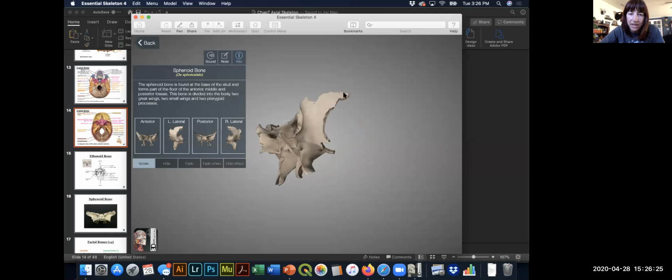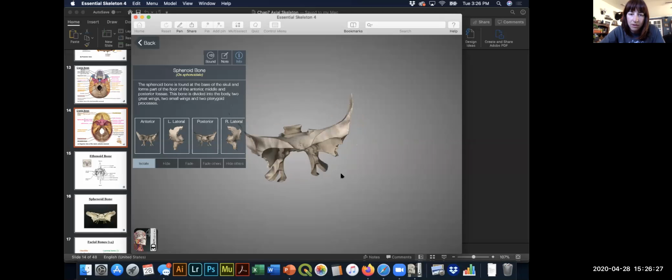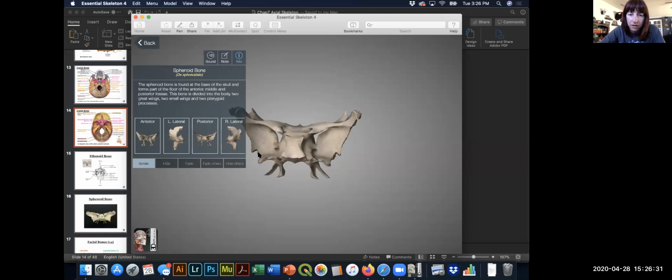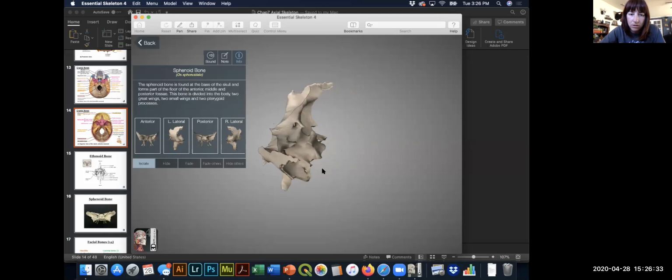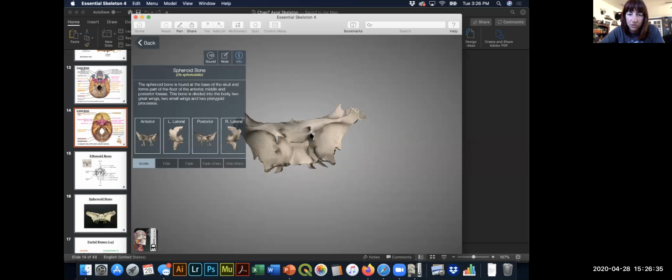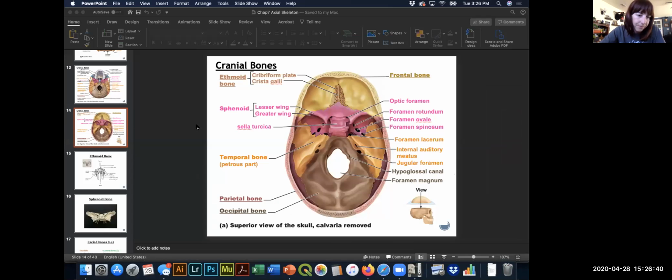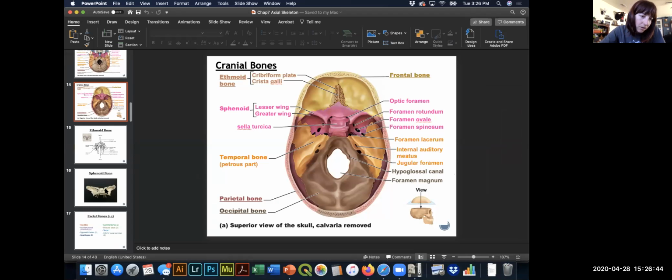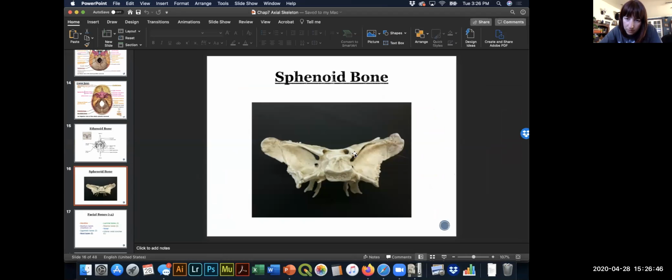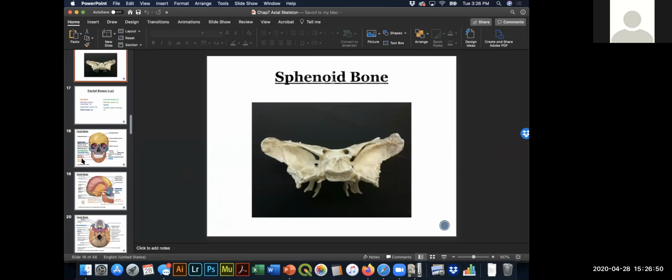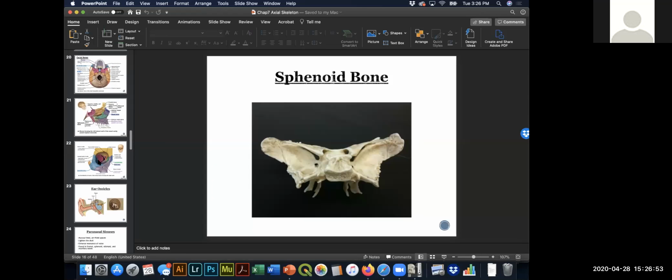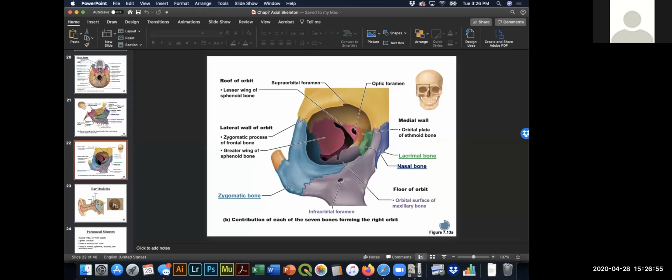The greater wings here, and that's supposed to be the lesser wings here and here. There and there. Greater wings, lesser wings. Okay, awesome. What else?